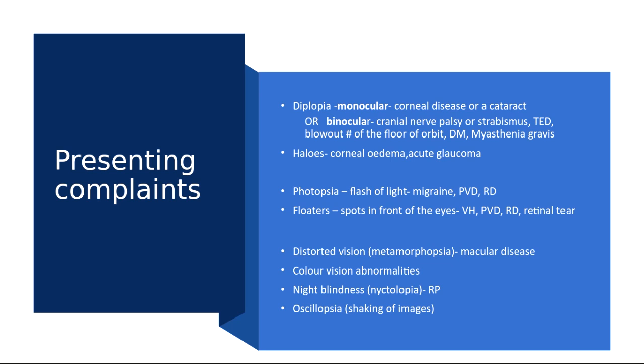So here again, we'll have to dilate the pupil and look at the back of the eye. You also have to ask about color vision abnormalities and night blindness, also called nyctalopia. One of the commoner conditions causing night blindness would be retinitis pigmentosa.